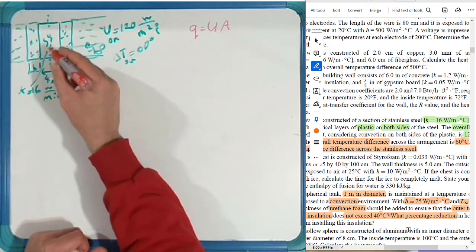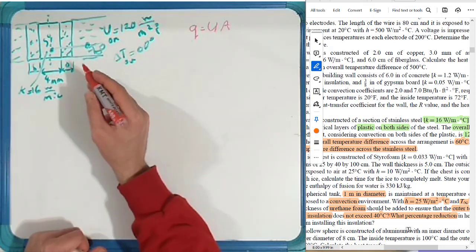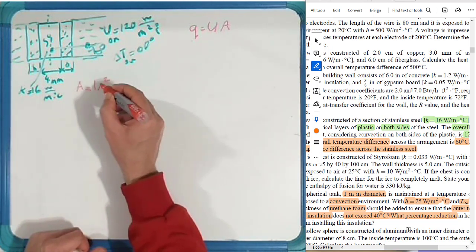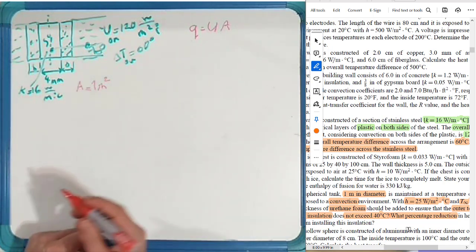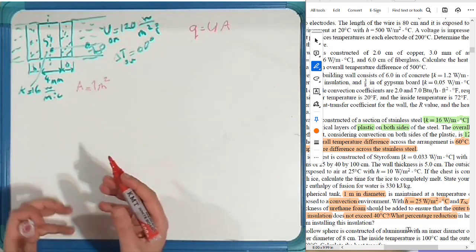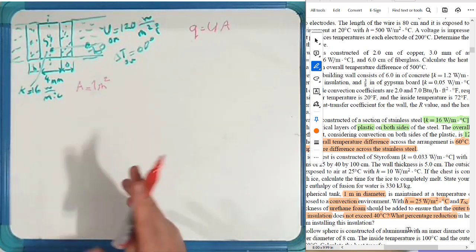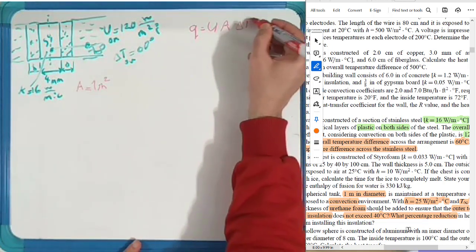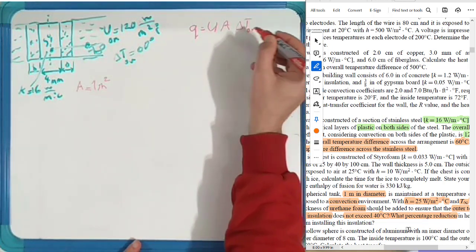We assume all of the areas are equal and A equals 1 meter square, because the problem didn't give us the value of the area. Multiplied by delta T overall, which is 60.